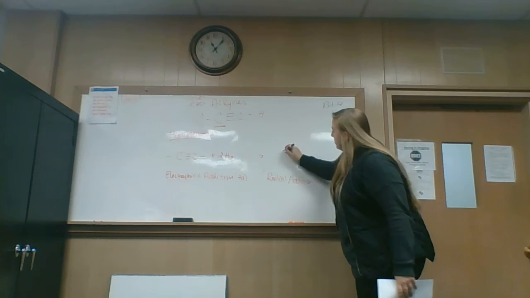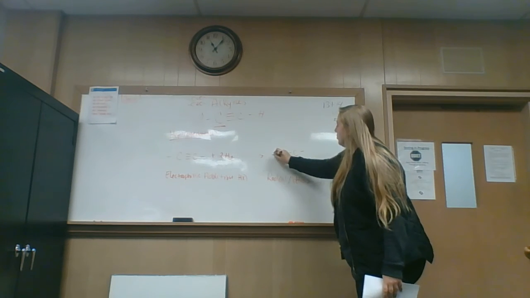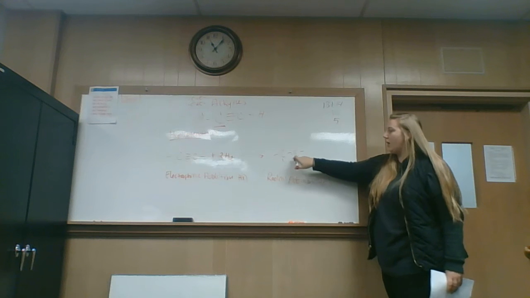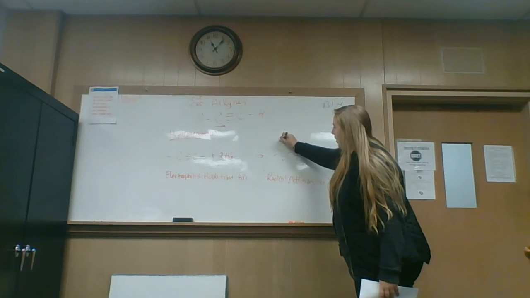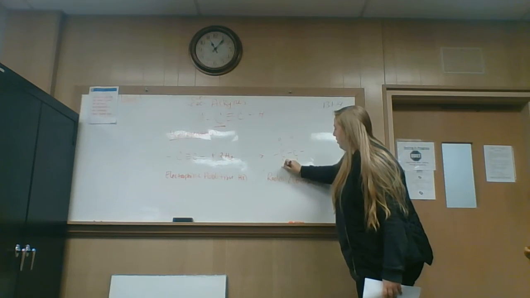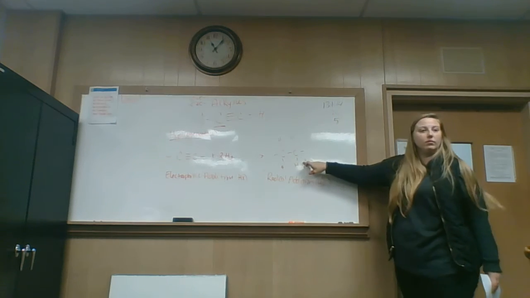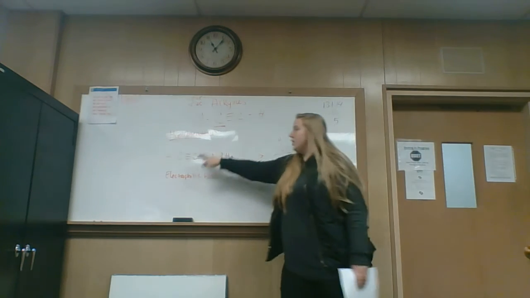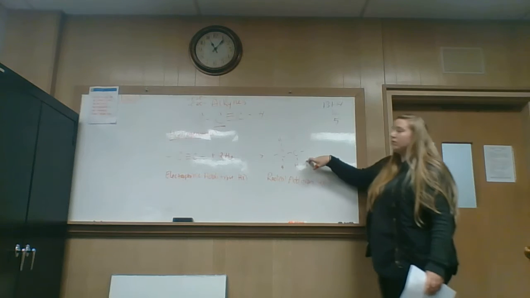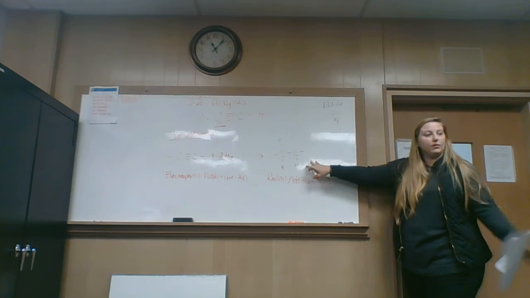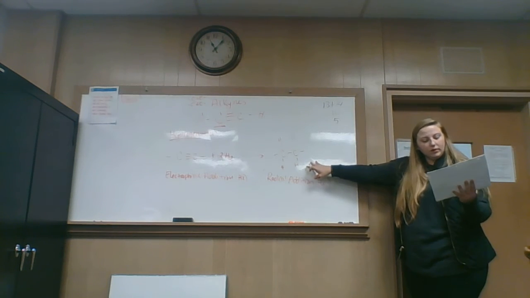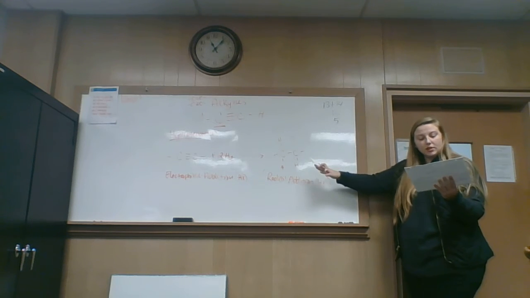When you break both those pi bonds, you're just left with a single carbon-carbon bond. And the hydrogens are going to be added here. So, hydrogenation, alkene plus hydrogen equals what? Okay. That's really all you need to know.